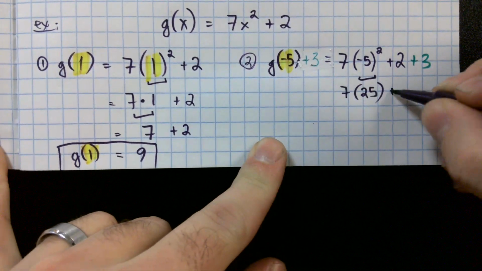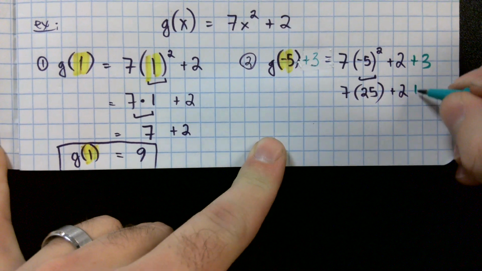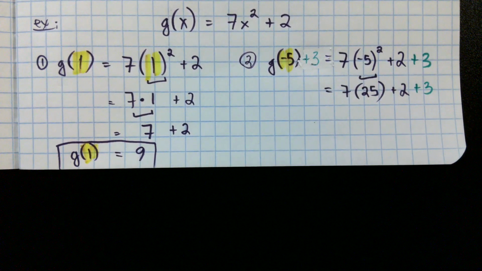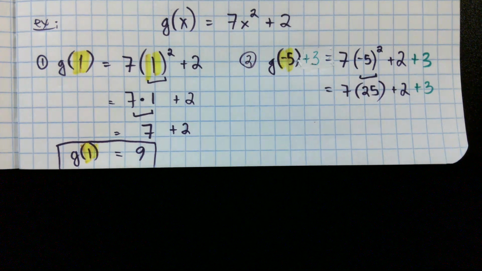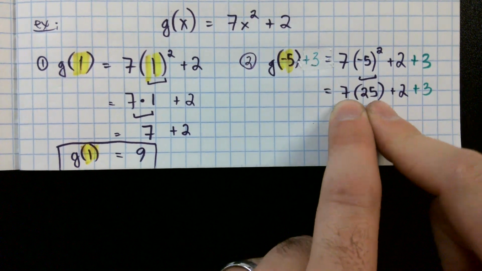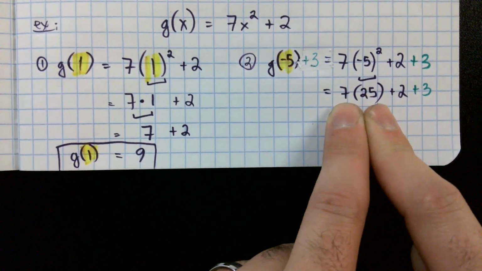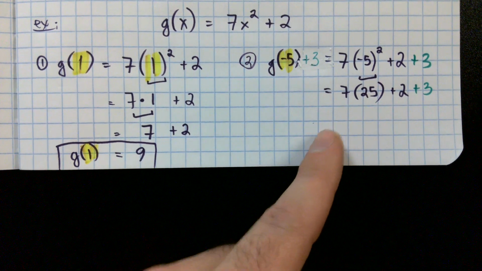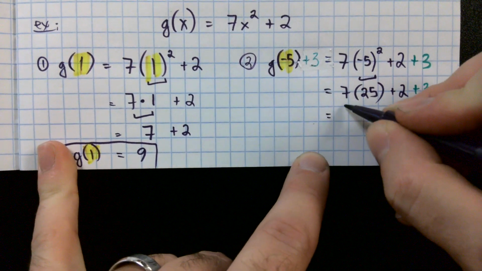Okay, hold on, guys. We're going to take this step by step. I don't want to go too fast. After exponents comes multiplication. What is 7 times 25? 175. You got 7 nickels, that's $1.75.